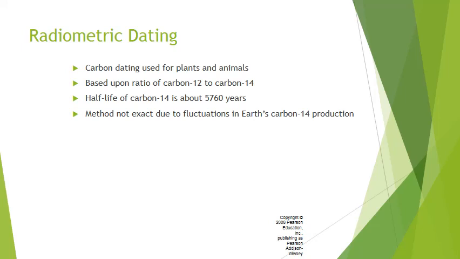And so once the plant dies, or a human being consumes plants and then the human being dies, you're no longer taking in fresh carbon. So once you die, all the carbon that's going to be part of that plant or that human being is locked in.